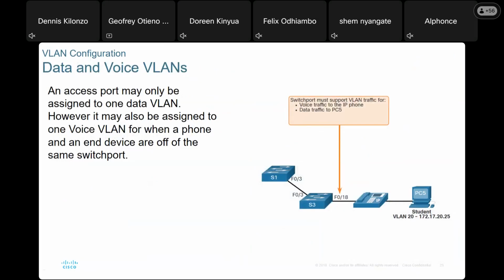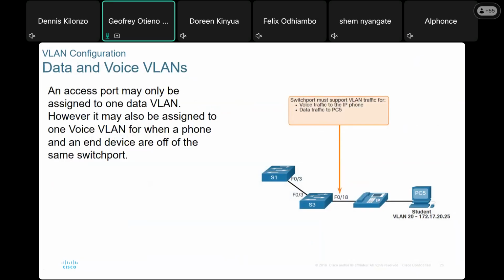Now, for the case of data and voice VLANs, you might have different VLANs for voice and for data, but at the same time they are connected to one particular interface. An access port may only be assigned to one data VLAN.